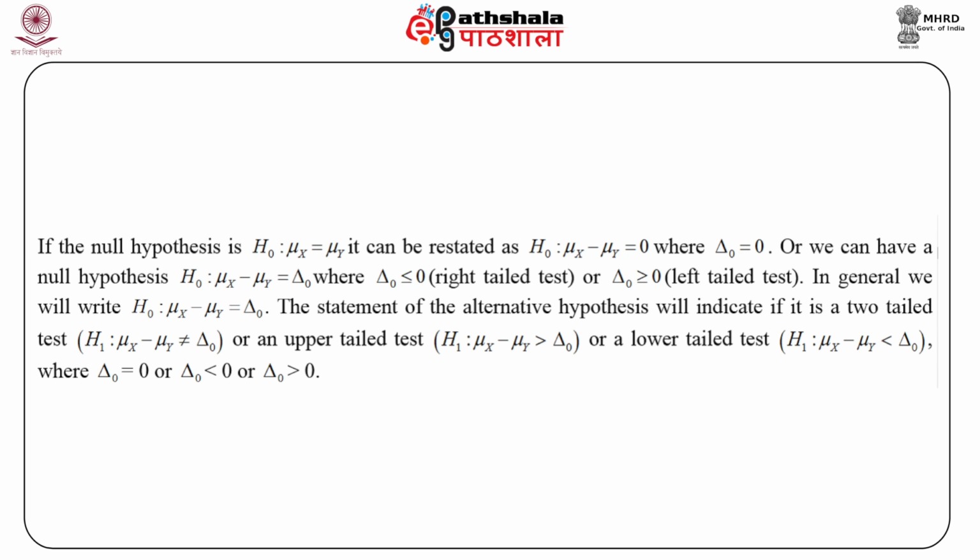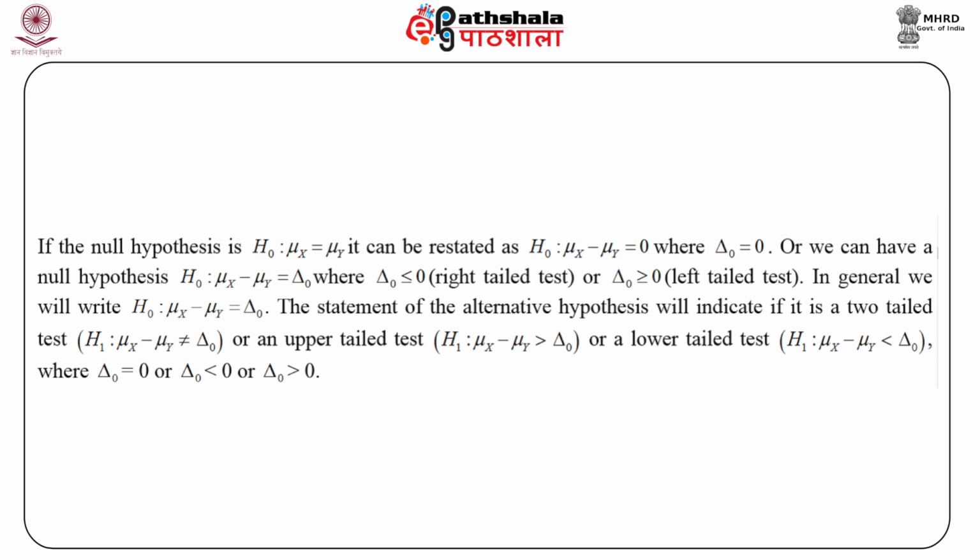The statement of the alternative hypothesis will indicate if it is a two-tailed test, which means we can write H1 as mu x minus mu y not equal to lambda 0. Or it could be an upper-tailed test, in that case H1 could be written as mu x minus mu y greater than lambda 0.